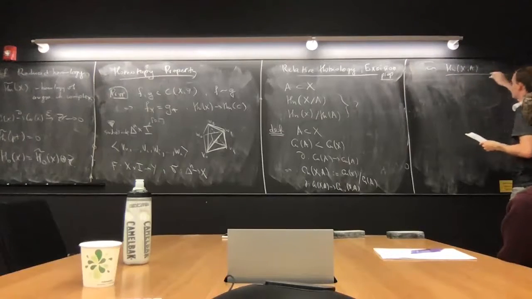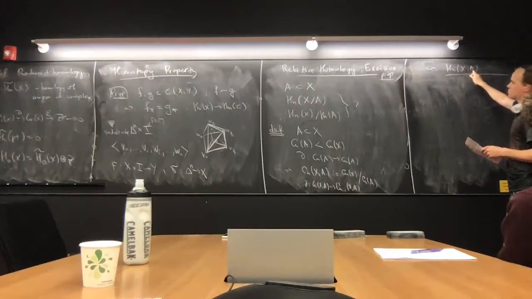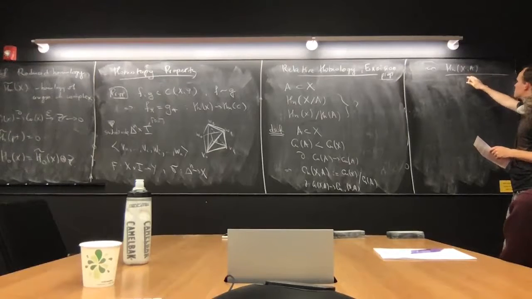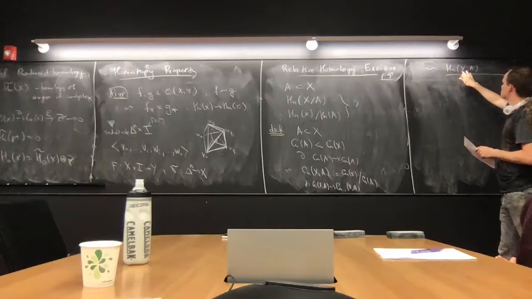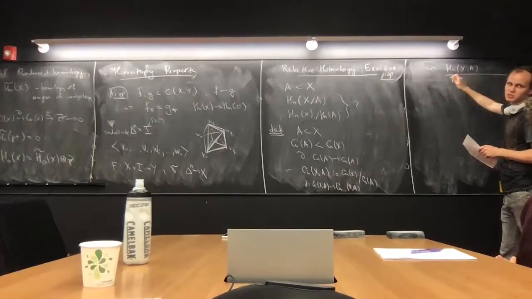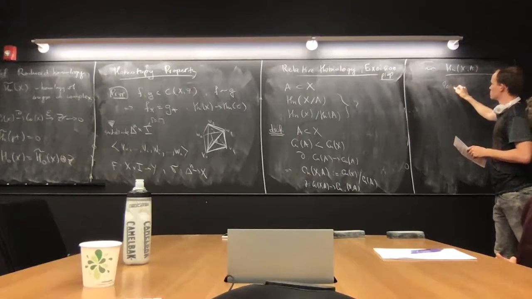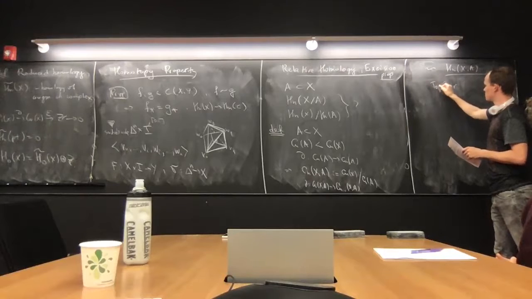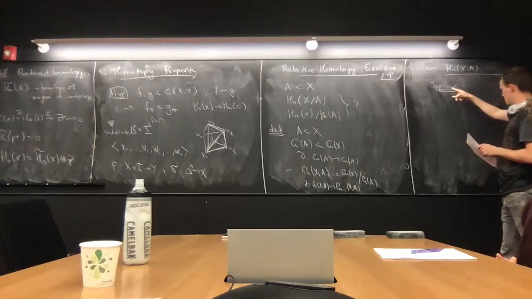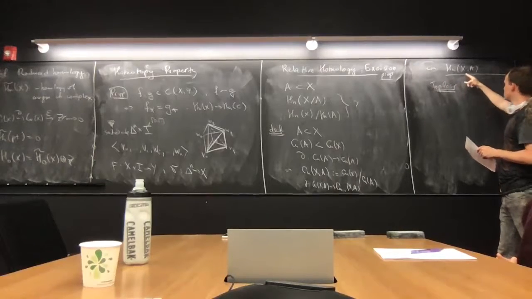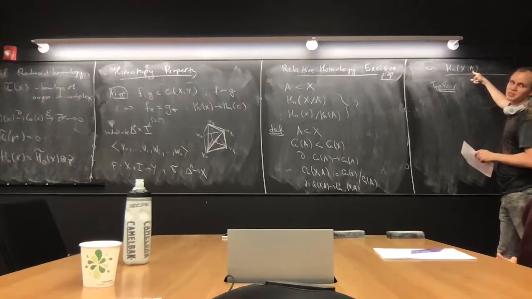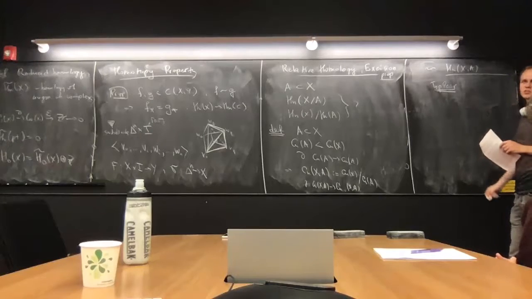Now, because this depends on two different topological spaces, this is a functor not on the category of topological spaces, but on the category of pairs. Remember, I defined the category of pairs of sets a long time ago, where you have a set and then a subset. You can do the same for topological pairs.